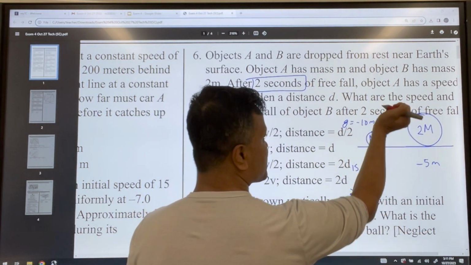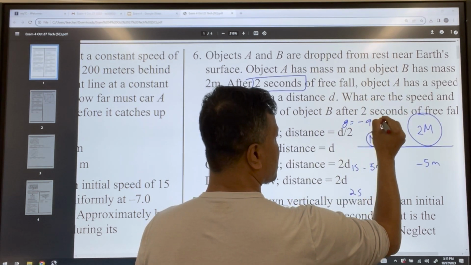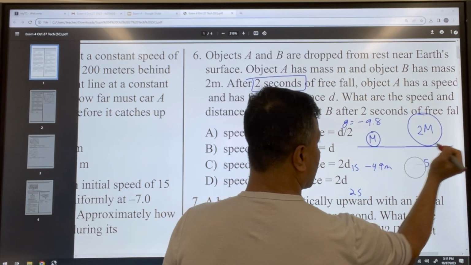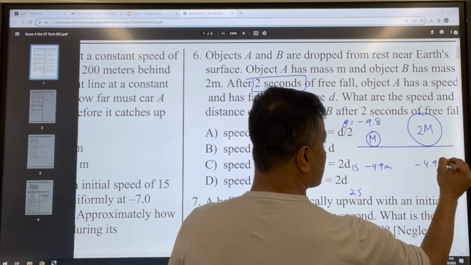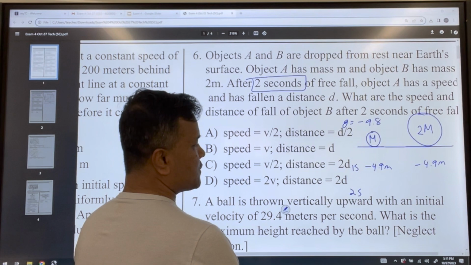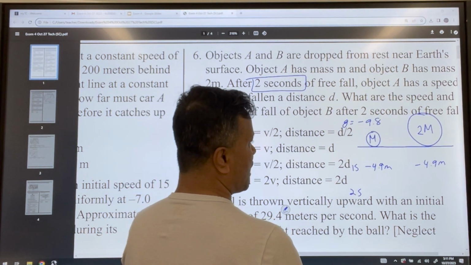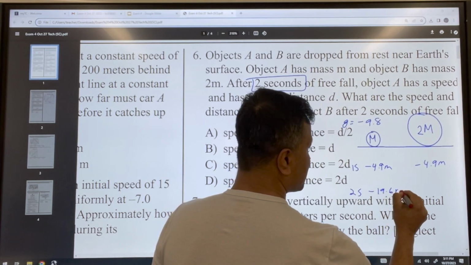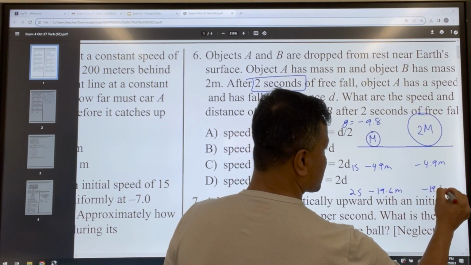If you use negative 9.8, then it falls negative 4.9 meters and negative 4.9 meters. Good. 2 seconds, how much does it fall? 19.6 meters, and this one 19.6 meters.